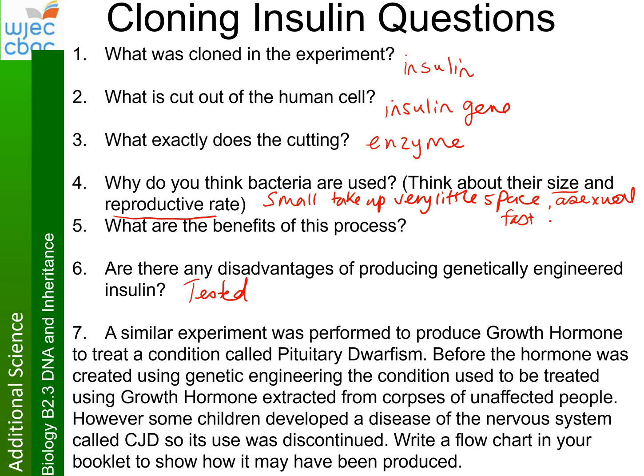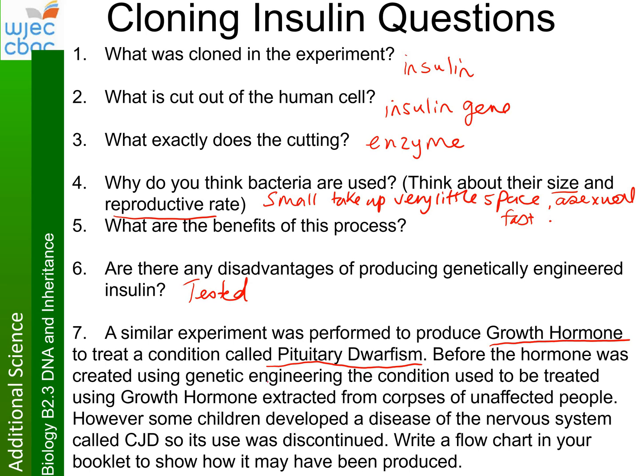A similar experiment was also performed to produce a growth hormone. This growth hormone is used to treat a condition called pituitary dwarfism. So your pituitary gland releases growth hormone to help you grow, particularly as you go through your teenage years and through puberty.